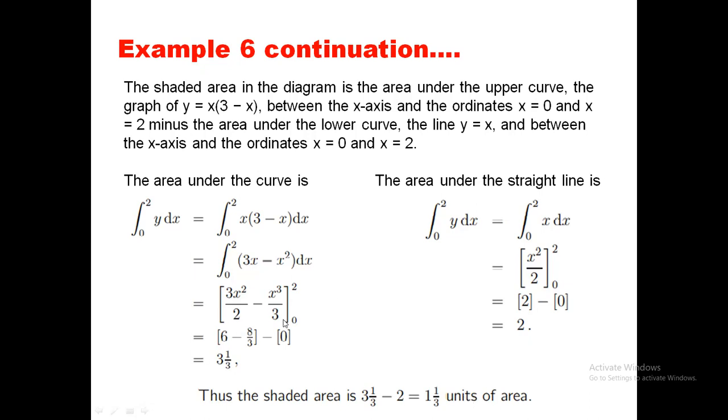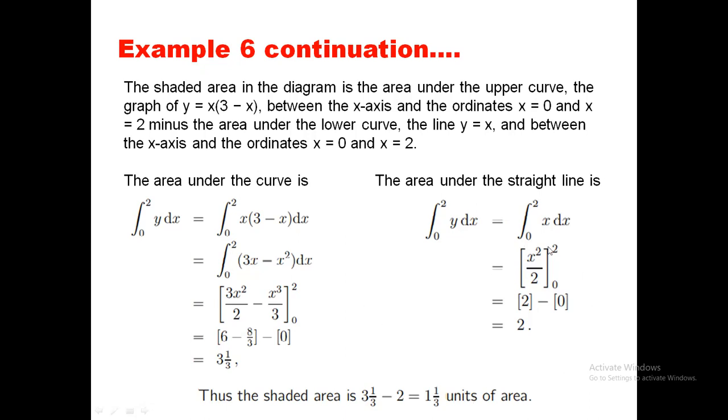Here, we subtracted the area under the line from the area under the curve. If you use this procedure, you'll still get the same answer, which is 1 1/3, or 4/3. The solution that I have shown to you is a more straightforward manner of determining such area.